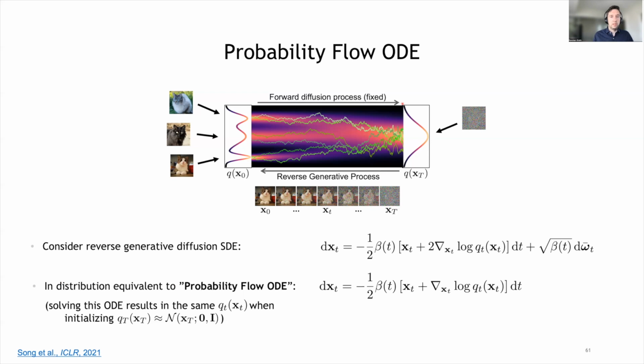When I sample many initial noise values from this standard normal distribution at initialization when I want to generate data, then simulating all these samples backwards with this probability flow ODE towards the data, by doing that, we will sample from the exact same probability distribution like with the generative diffusion SDE, with the only difference that we don't have this noise anymore.